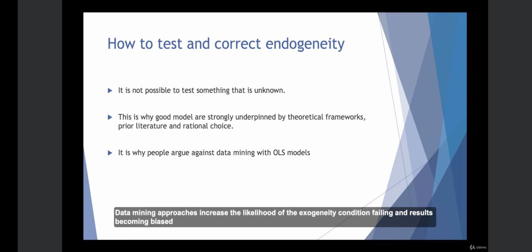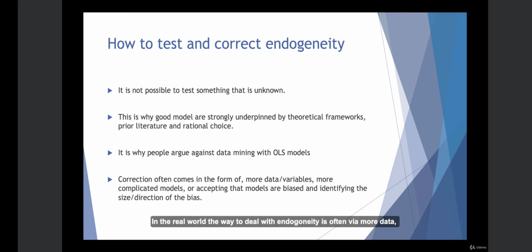Data mining approaches increase the likelihood of the exogeneity condition failing and results becoming biased. In the real world, the way to deal with endogeneity is often via more data, better, more thoughtful model building, different functional forms, and also sometimes simply accepting that the models may have some bias.